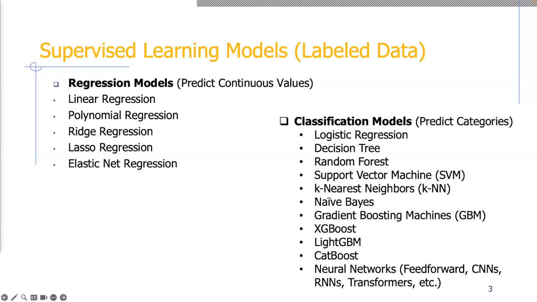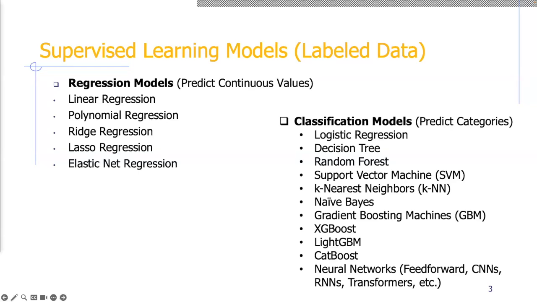Random forest is gonna be building multiple decision trees, and it averages their outputs for better accuracy, I would say. Support vector machines or SVMs, they find an optimal hyperplane to separate data, right, into different classes.